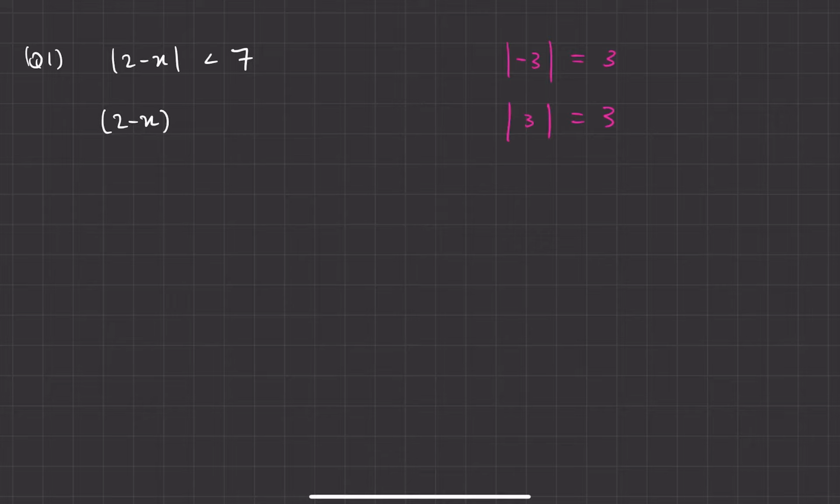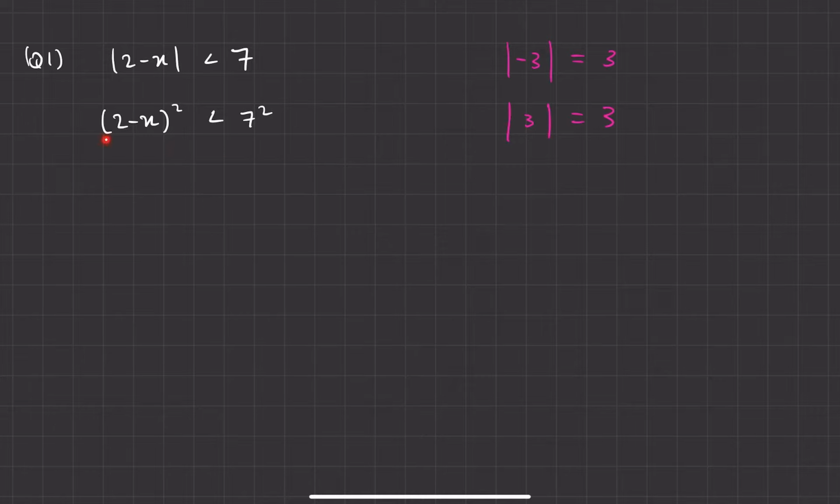So if I square both sides, essentially you can get rid of the absolute value sign. There's no reason for us to write it anymore because, like I said, this will be positive.